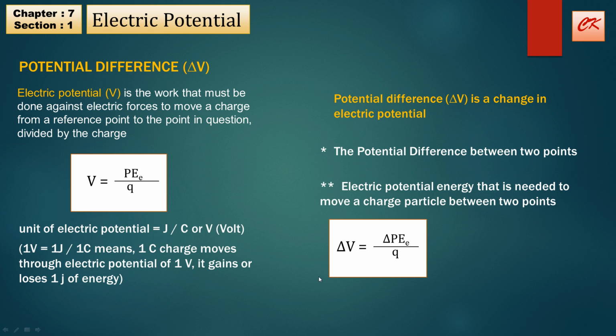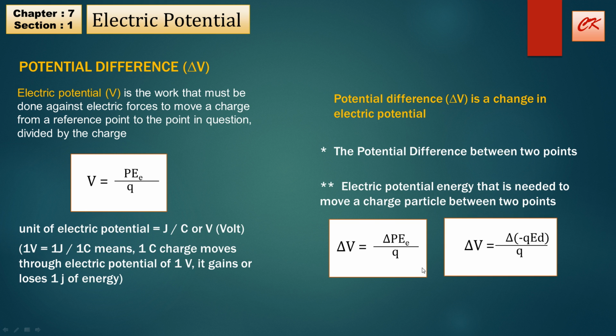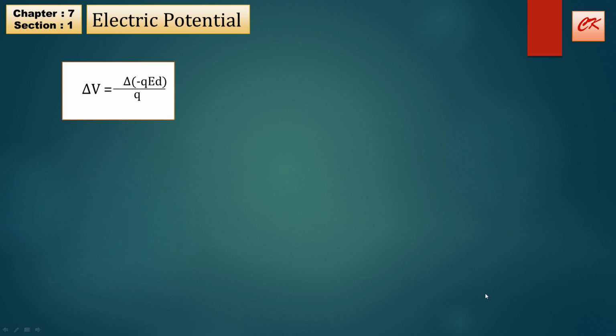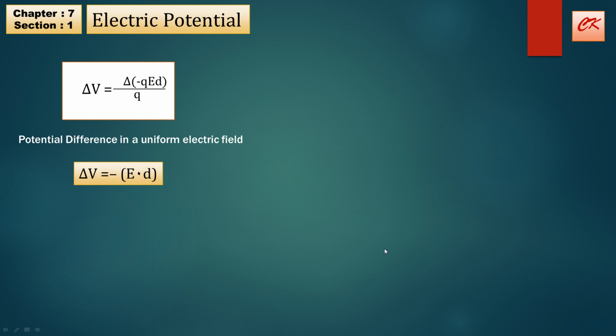Electric potential energy is what is needed to move a charged particle between 2 points. If you observe here, delta PE over Q, where PE is QEd as we learned in the previous title. When you divide this, Q will cancel. Let's pass on the page. Delta V will be negative E multiplied by d.